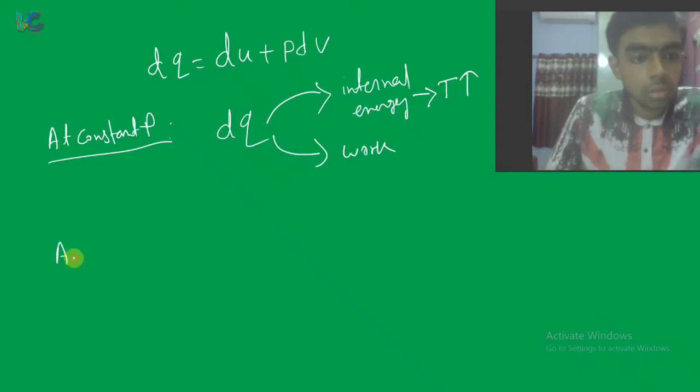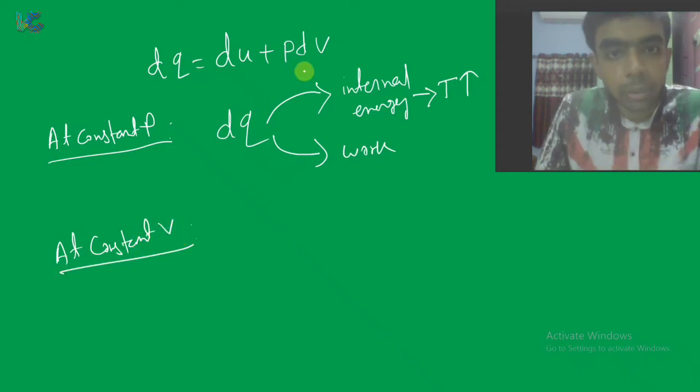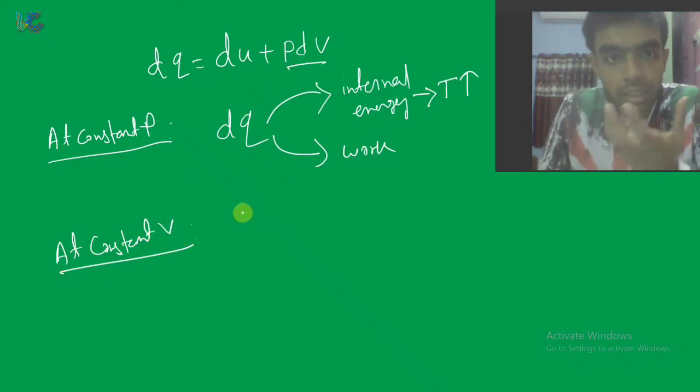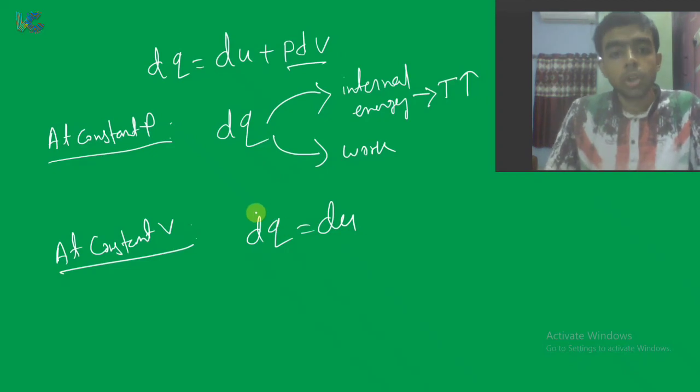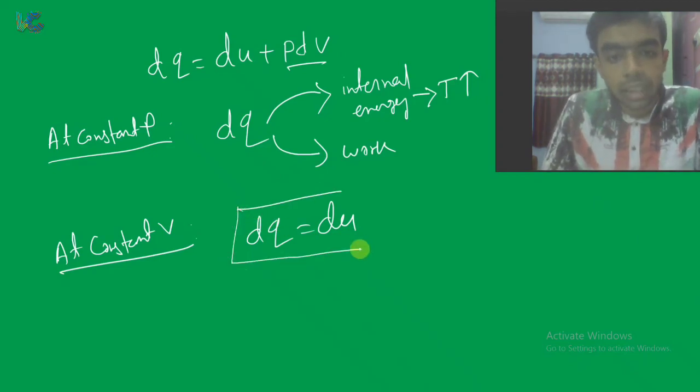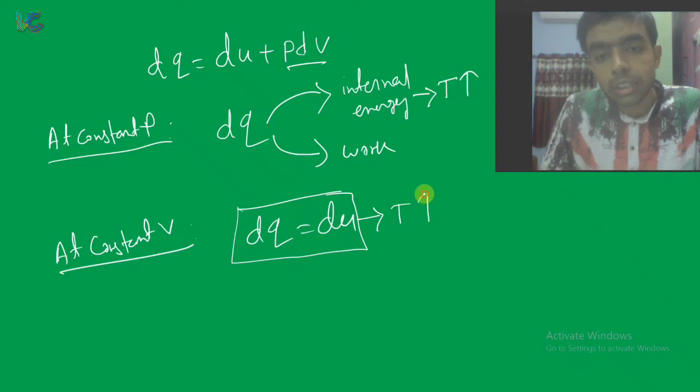Now when the condition is constant volume, dV is 0, that means work is 0, that means in this case dq is dU. The heat taken by the system totally goes to make a change in internal energy, and this will lead to change in temperature.